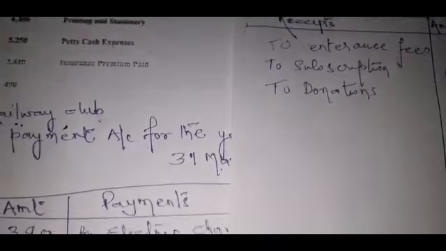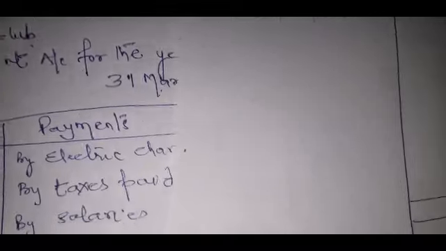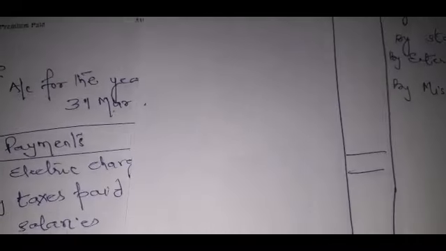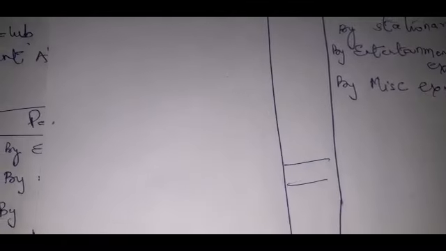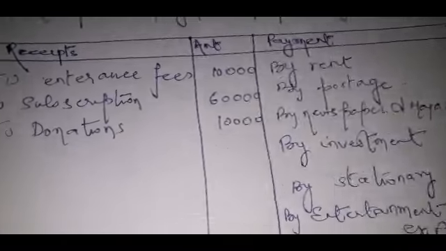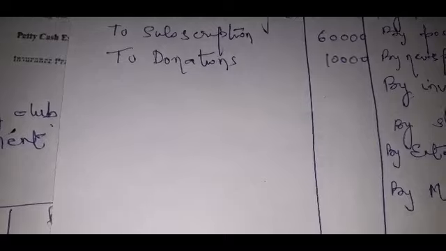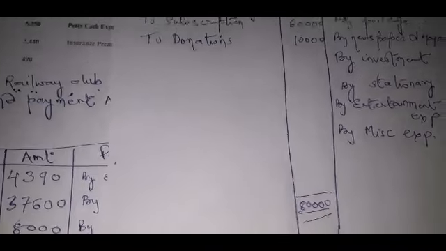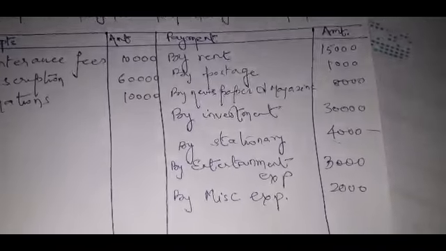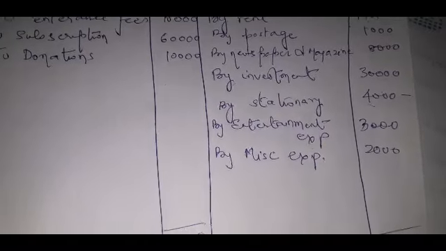After posting all the items, we will total the debit and the credit side. As you can see, the receipt side is exceeding. The total of the receipt side is 80,000 rupees, whereas the total of the payment side is less.